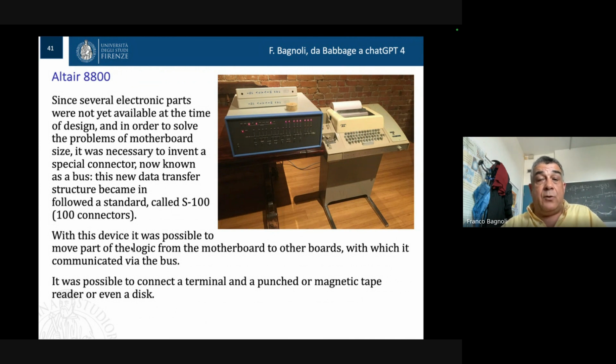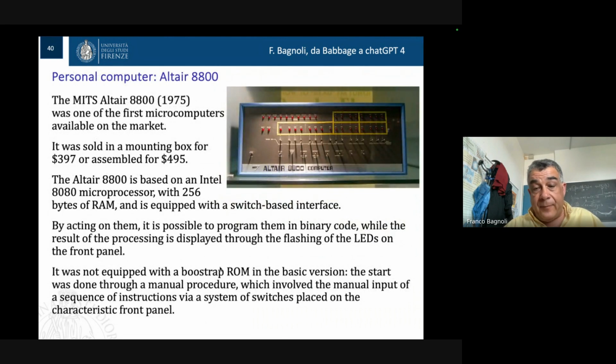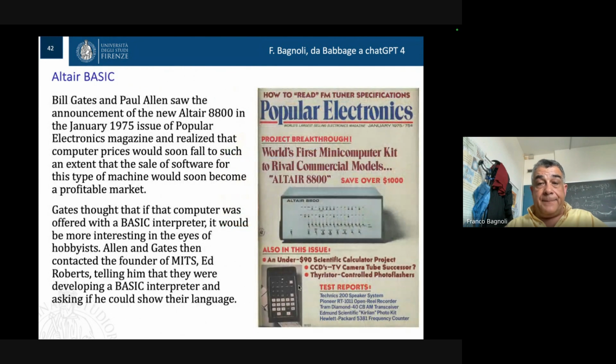In this way, you could attach a keyboard, a terminal, a printer, or some disk reader, and so on. It had nothing, not even the ROM with BASIC. So you had to buy one card with BASIC installed.